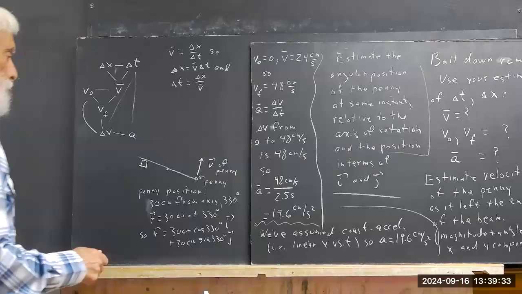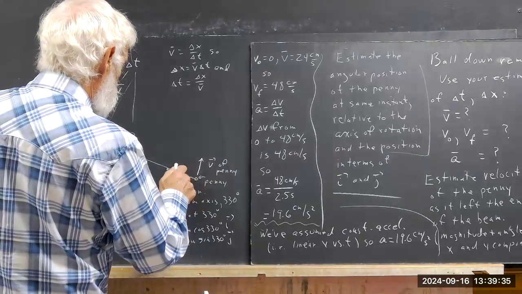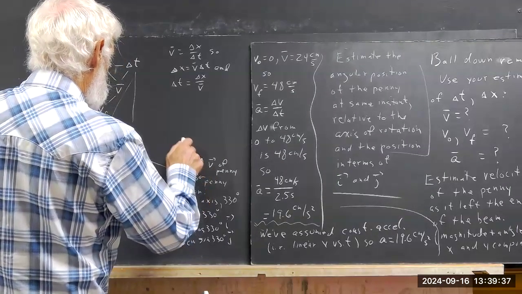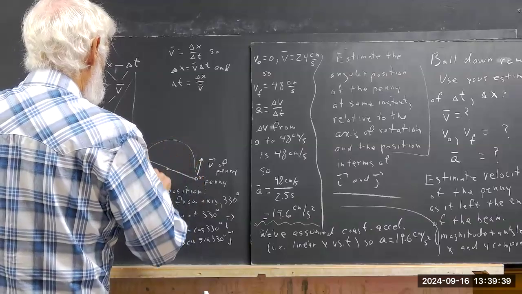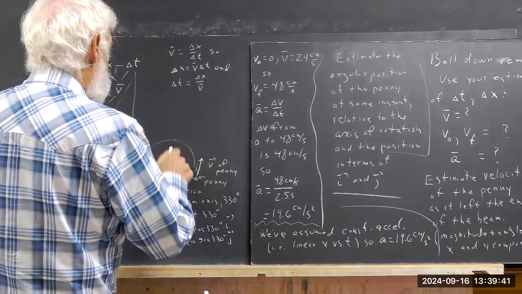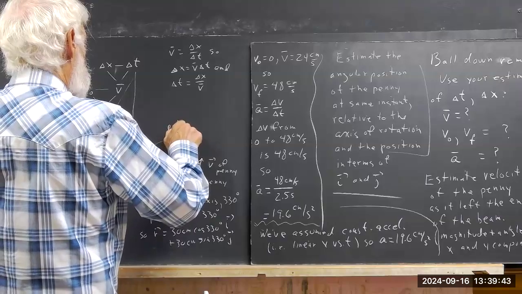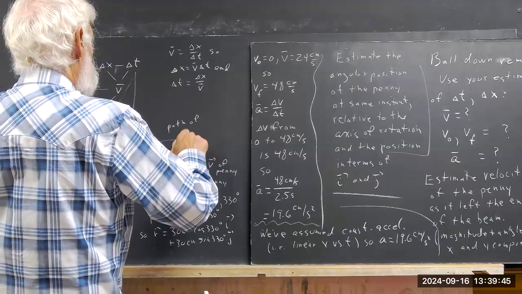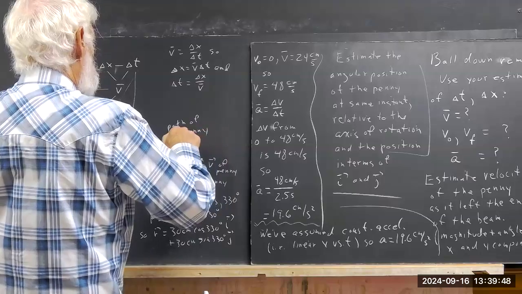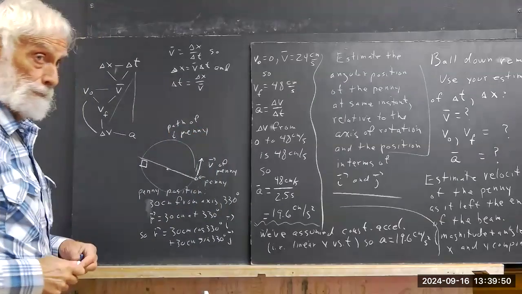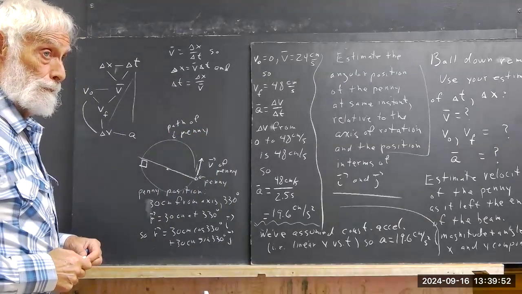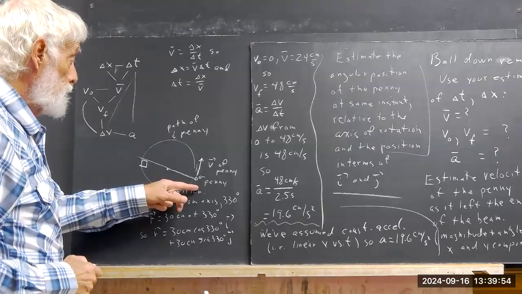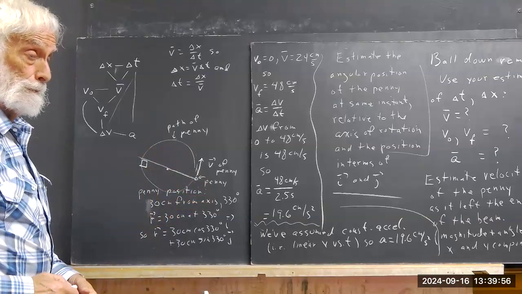Here's your velocity of the penny. Why is that the velocity of the penny? Because the penny is on this path. And the velocity is always tangent to the circle.